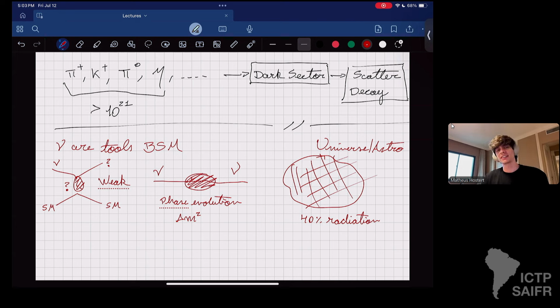So they have very interesting collective phenomena, both in early universe and astrophysical scenarios, which is unique. And all of these options are very good for exploring ultra rare, difficult to observe effects.